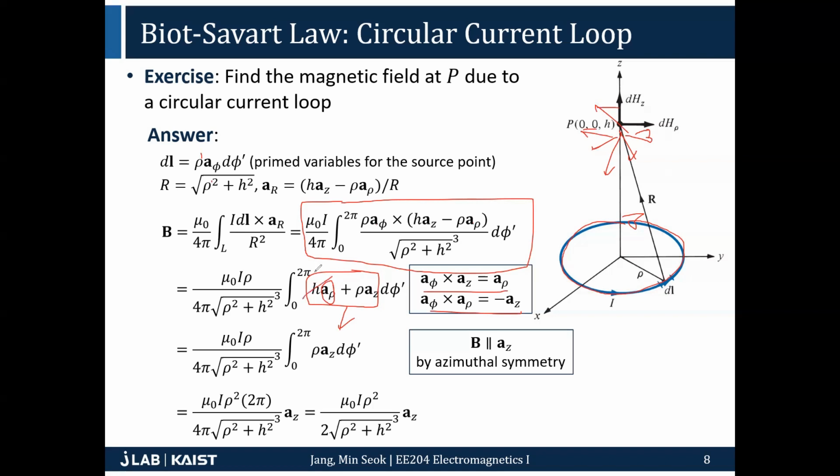So this term must be 0 if you finish the integration. So this one is ignored, and you have only the a z component. The a z component here is very easy to evaluate. Nothing is dependent on phi, so you can take everything out, and the integral of d phi from 0 to 2 pi becomes just 2 pi. So put 2 pi out, and you get this relation.